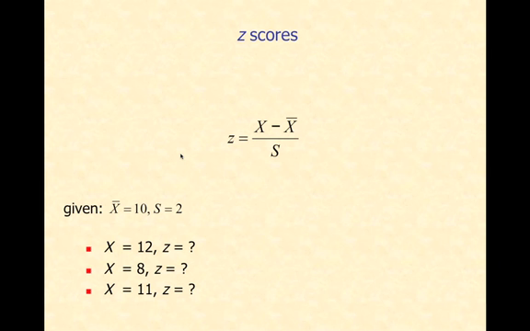So, for example, if our mean score was 10 and our standard deviation is 2, then if x is 12, if our observed score is 12, what is our z-score? Well, we just have to substitute those numbers in. And what do we find? Well, let's calculate it.